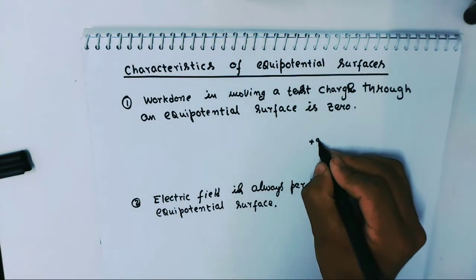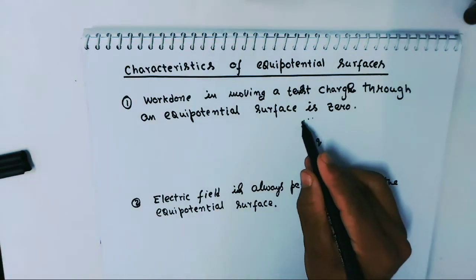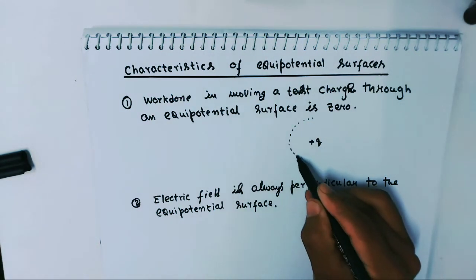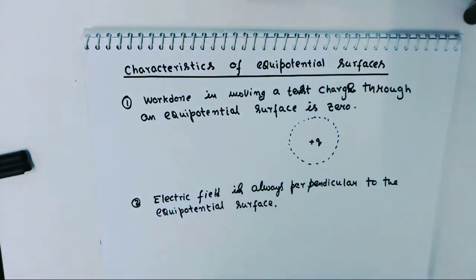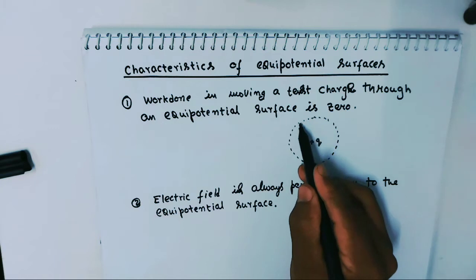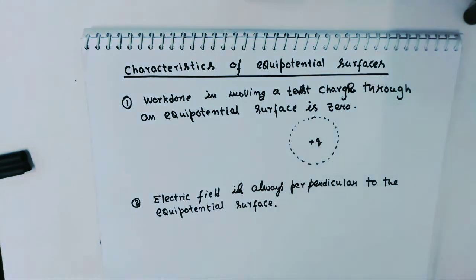So let us consider a charge plus Q, and now if we draw a surface like this, each point on this surface will have the same potential.